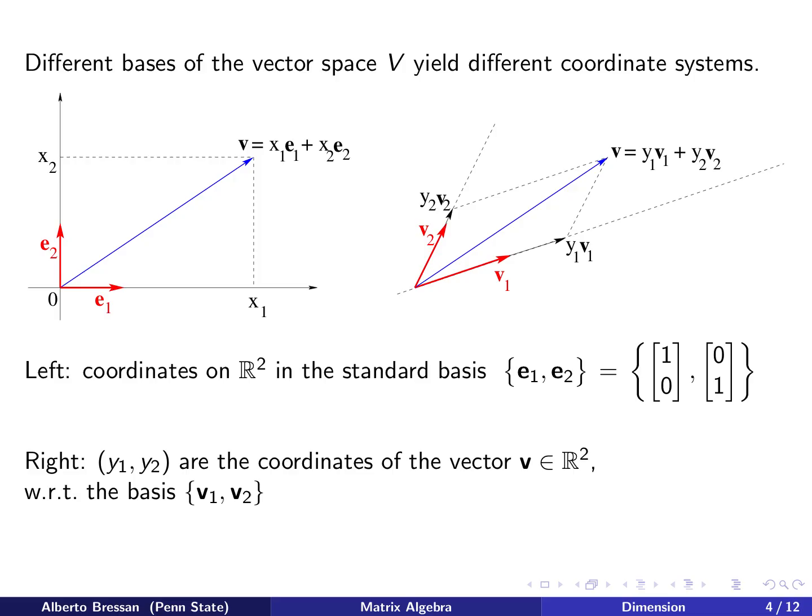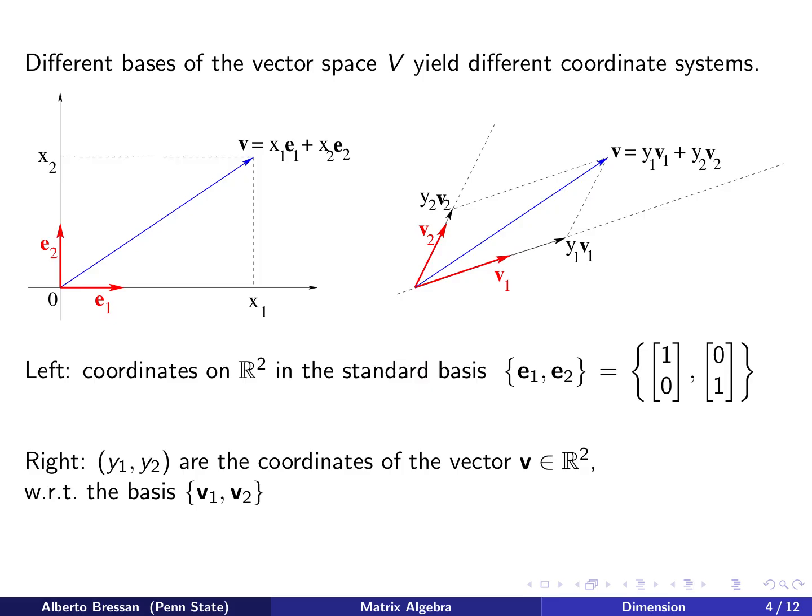So any vector in it can be expressed as x1 E1 plus x2 E2, where x1 is the perpendicular projection of the vector here into the x1 axis, and then x2 will be the similar perpendicular projection into the x2 axis.